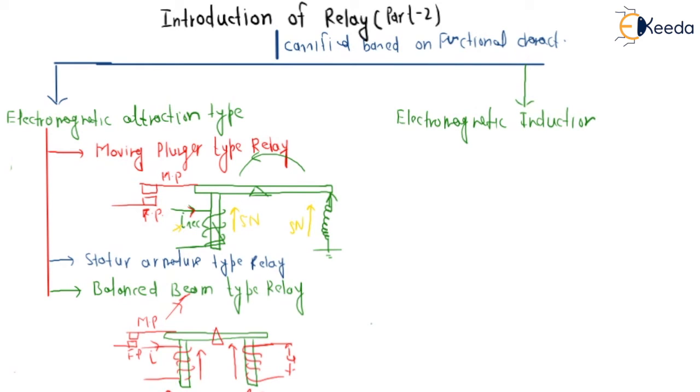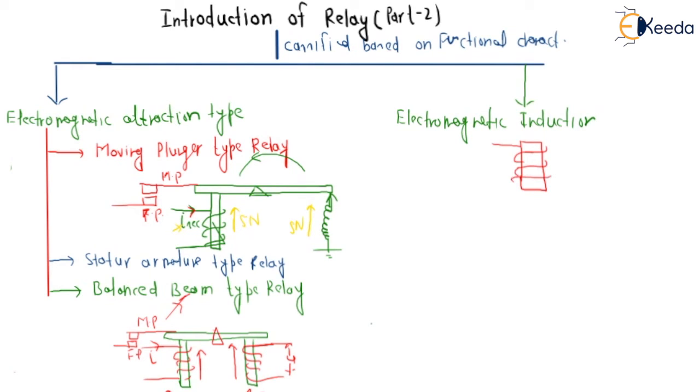Now we are moving to electromagnetic induction. Let us assume this is a magnetic pole, this is a magnetic core, and we are providing some current. It will produce some magnetic field.